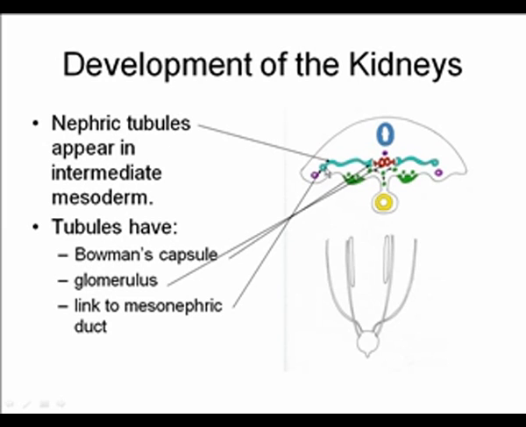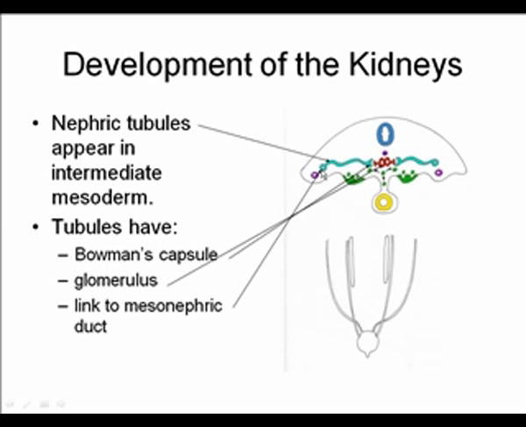Again, the nephric tubules develop in the intermediate mesoderm, and they have now some additional structures we can talk about. They have a Bowman's capsule. That Bowman's capsule will envelop the glomerulus, which arises from the dorsal aorta, and these nephric vesicles will come to join one another distally in a region called the mesonephric duct.